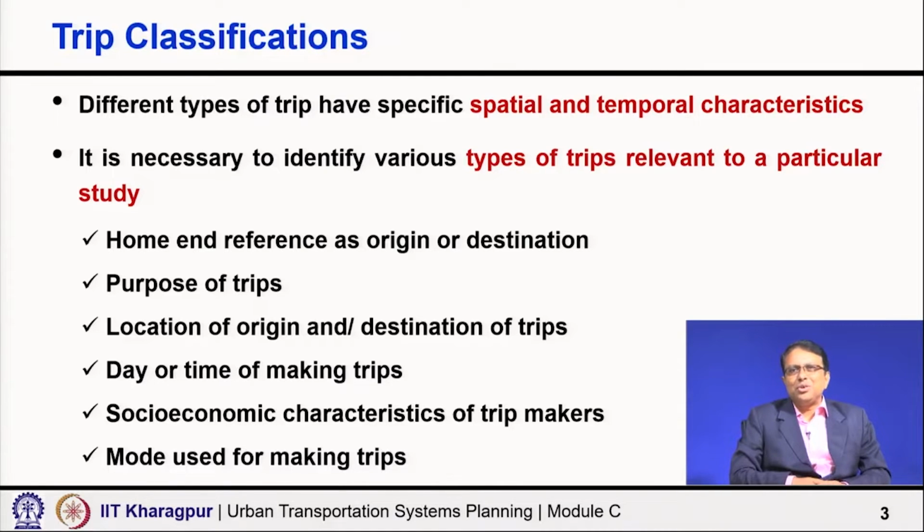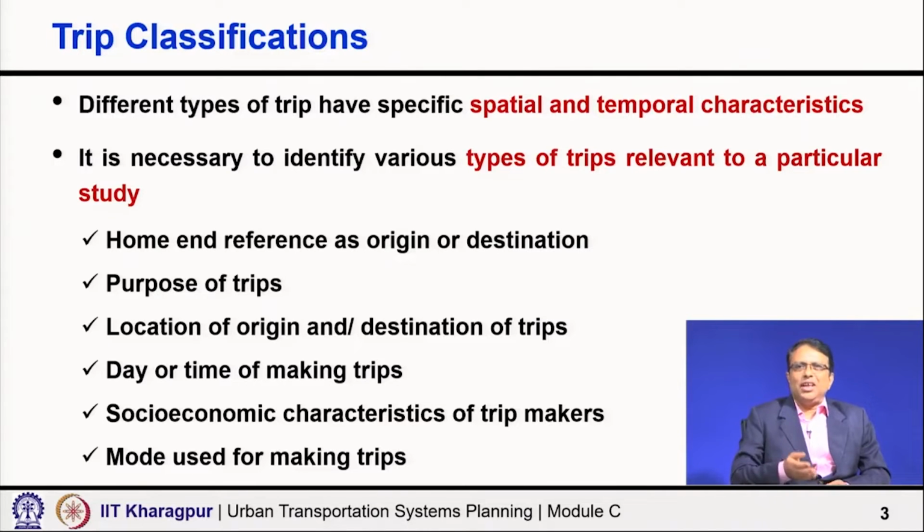So, we want to address those. Depending on what my key objectives are for taking up a particular study, accordingly we need to identify and classify trips, because different trips have different spatial and temporal characteristics.